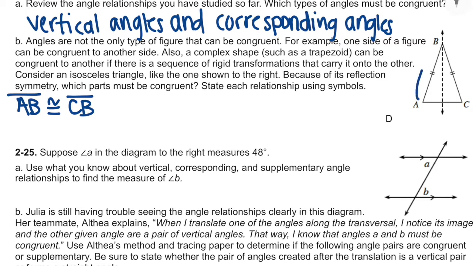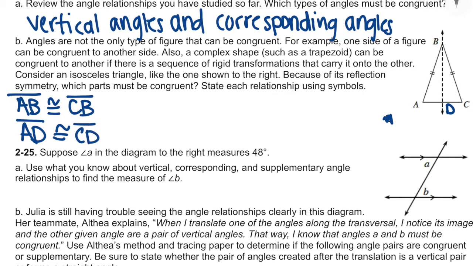So if I go from A to B in the first one, I want it to go from C to B in the second one to make sure that I'm creating that same order for the things that actually match up. Oh, that D is supposed to be right there. Oh no, sorry. So in class, you'll need to put that there. Let's fix that. This D goes right here. So we want to say AD is congruent to CD.